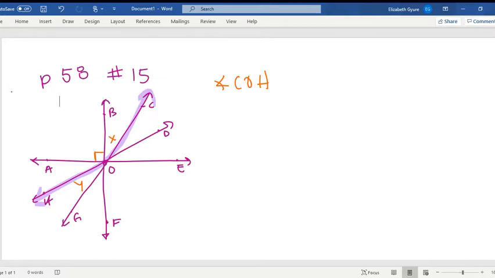So there's a couple different ways probably to approach this, Lucas, depending on how you did the other problems. But if you take a look at HOD, isn't that a straight angle? Right. And if you take a look at angle HOG and COD, aren't those vertical angles?